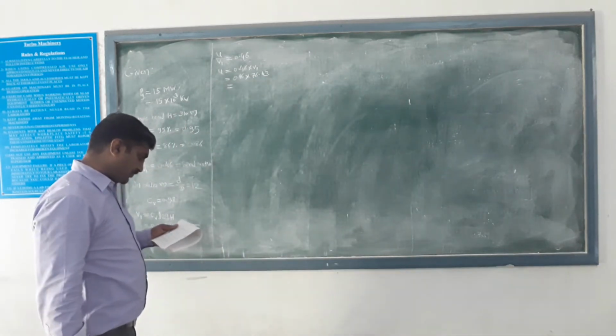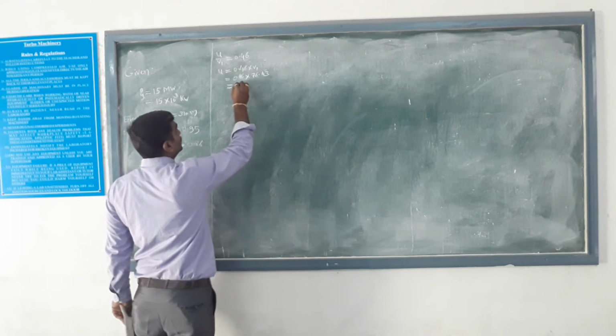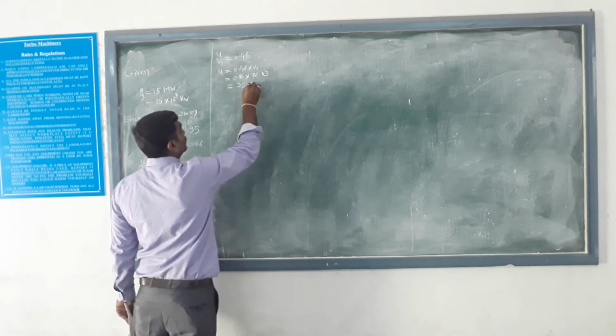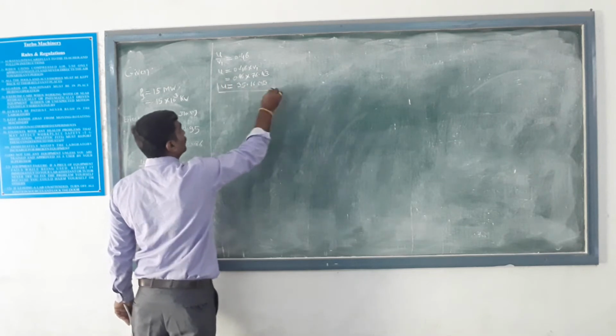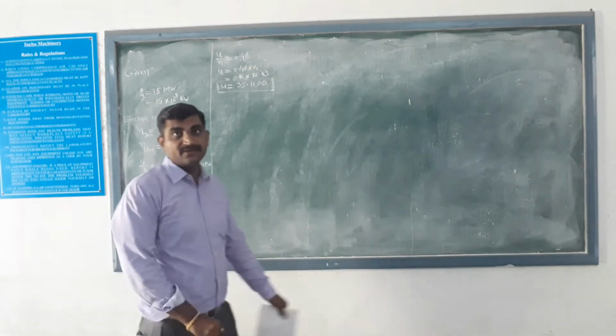So U equal to 35.16 meter per second. This is the blade velocity.